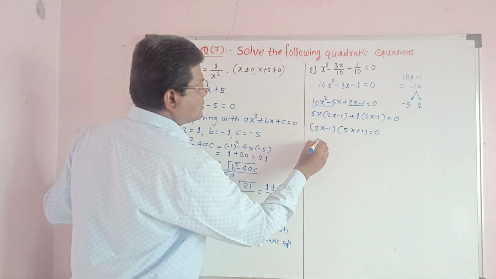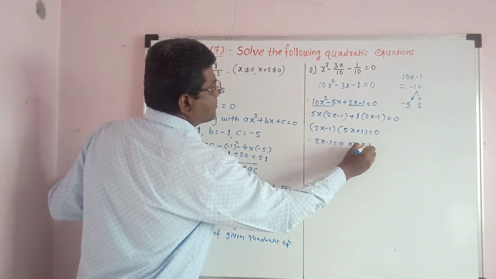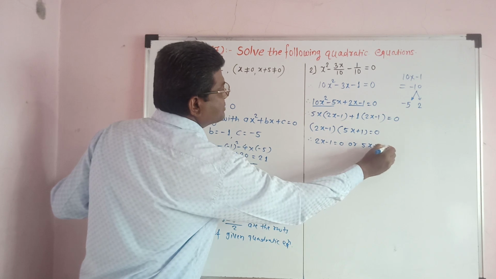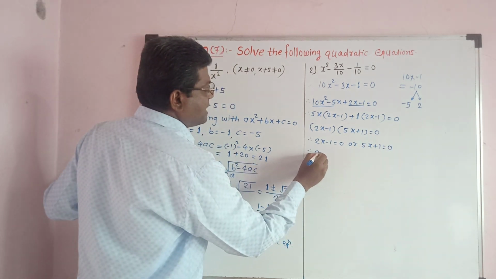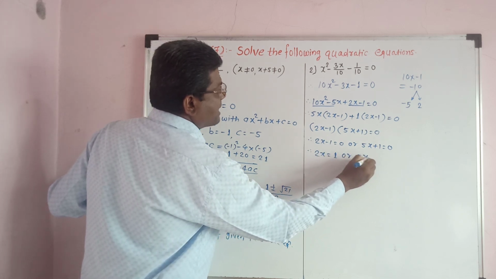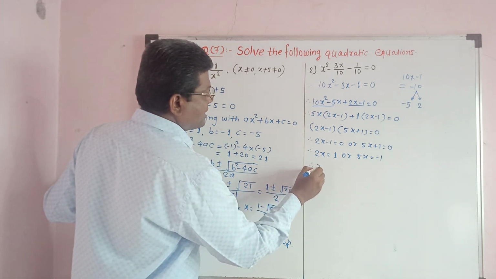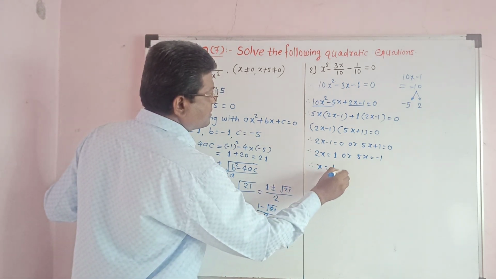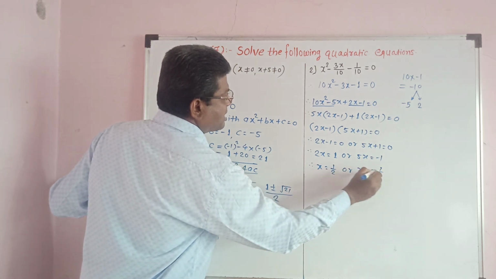Therefore we have 2x minus 1 is equal to 0, or 5x plus 1 is equal to 0. Therefore 2x is equal to 1, or 5x is equal to minus 1. Therefore x is equal to 1 upon 2, or x is equal to minus 1 upon 5.